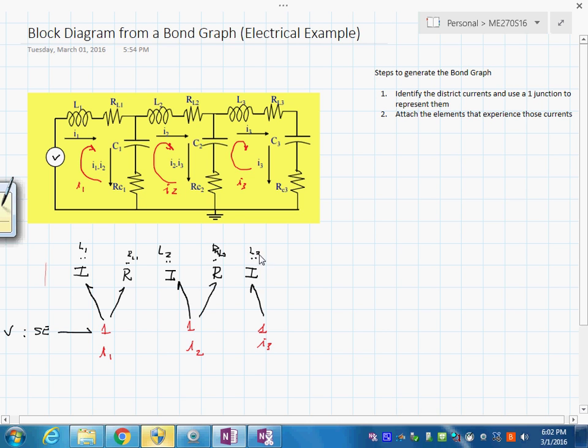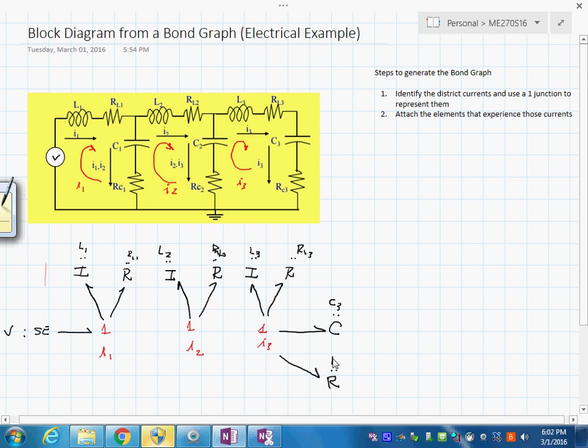But this is also connected to a C element with value C sub 3, and to a resistive element with value RC3. The notation really doesn't matter. So we have fulfilled step number 2.